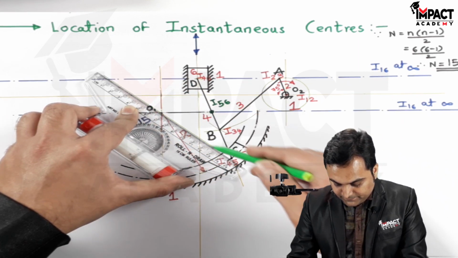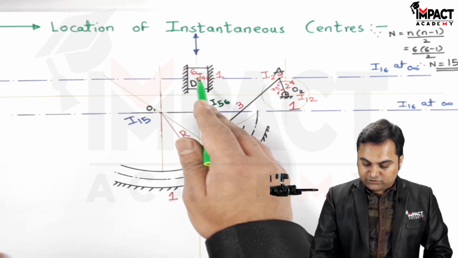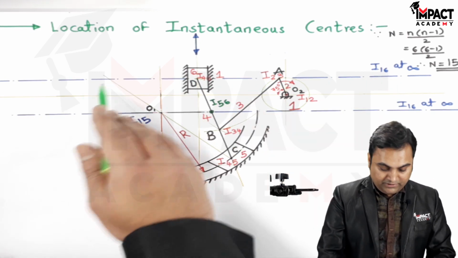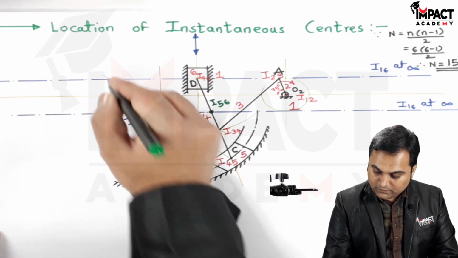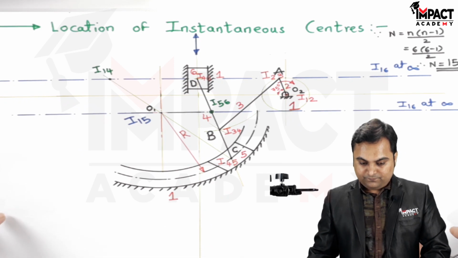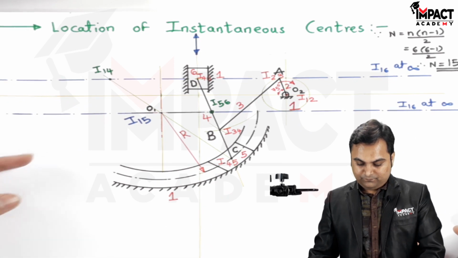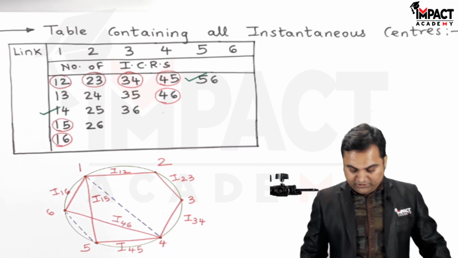Connecting them lightly, 1-5 and 4-5, and the other line was 4-6 and 1-6. Now where they meet, that gives me I14. So I14 has been located.